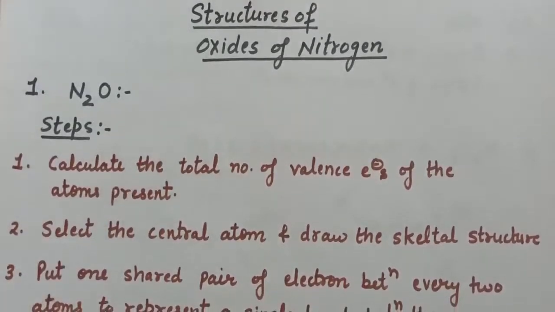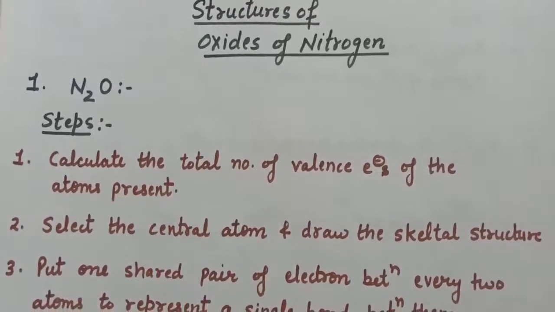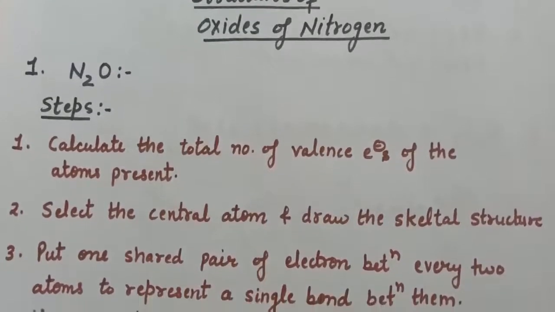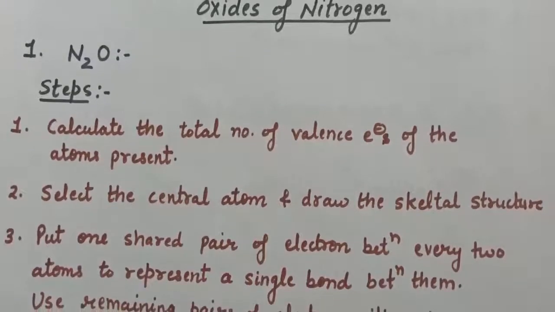Now first we will learn how to draw the Lewis dot structure. There are 3 steps for writing the Lewis dot structure.